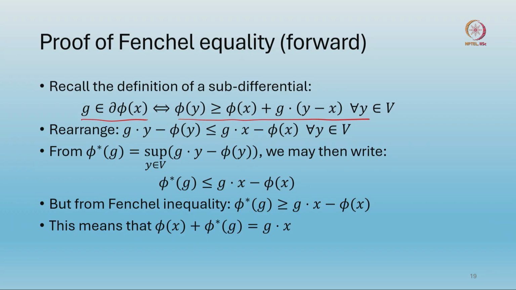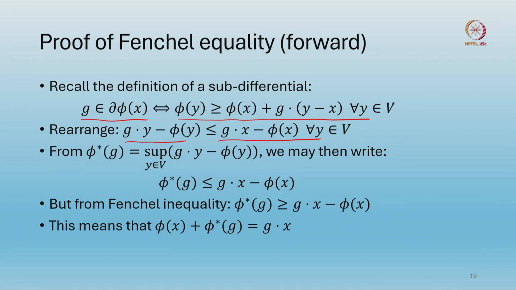So you take this Gy to the left and leave the rest of the things on the right. So basically this means that Gy minus phi y, with a minus sign here, okay. So with this minus sign, the greater than or equal to becomes less than or equal to. So this is trivial, okay.